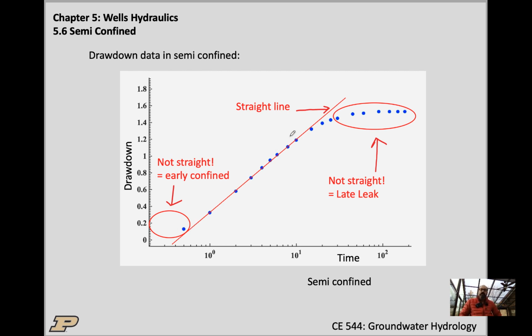So typically we have data after the first minute, and that's where your linear trend is. And here you can see that we now deviate from our linear trend, that straight line method. If we deviate from it, this is the telltale that this is actually a leaky confined aquifer, right? There's some leakage going on here.